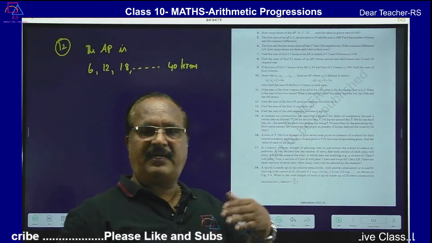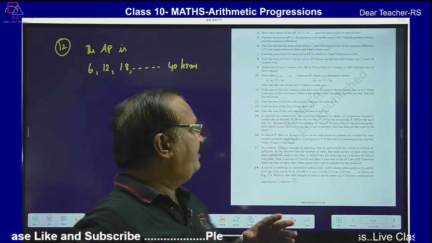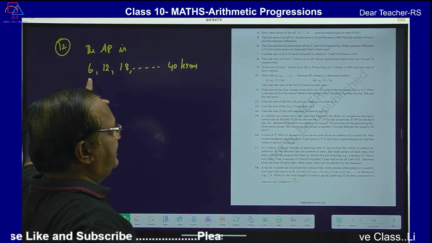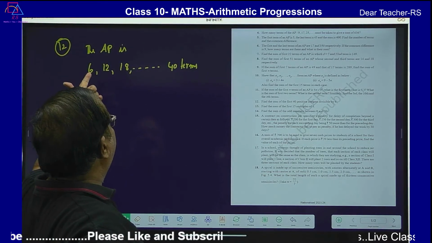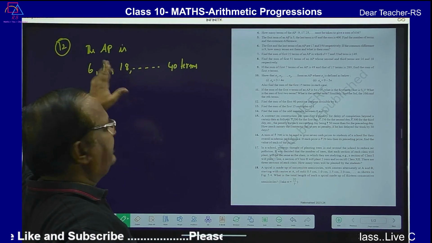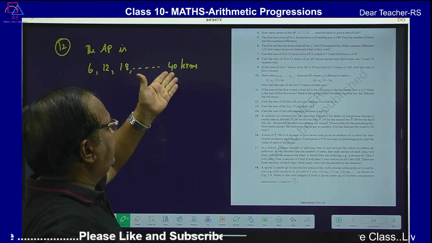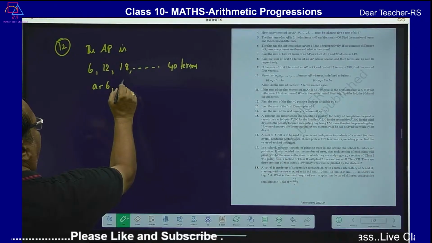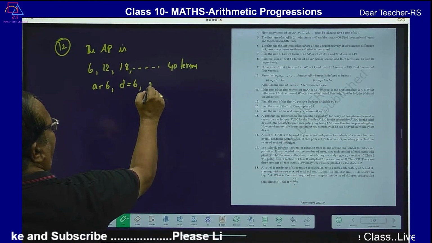If you are starting, the first number is 6, because 6 is the first number divisible by 6. Next 12, next 18, that means 6 table. So 40 terms. So now we have a is equal to 6 and d is equal to 6, n is equal to 40.